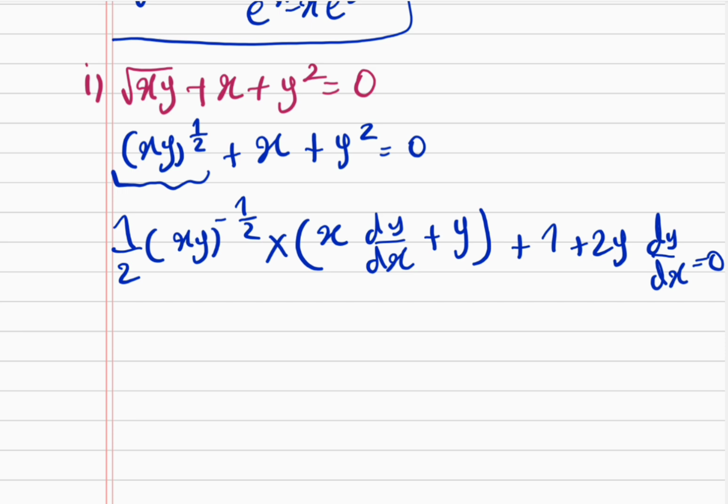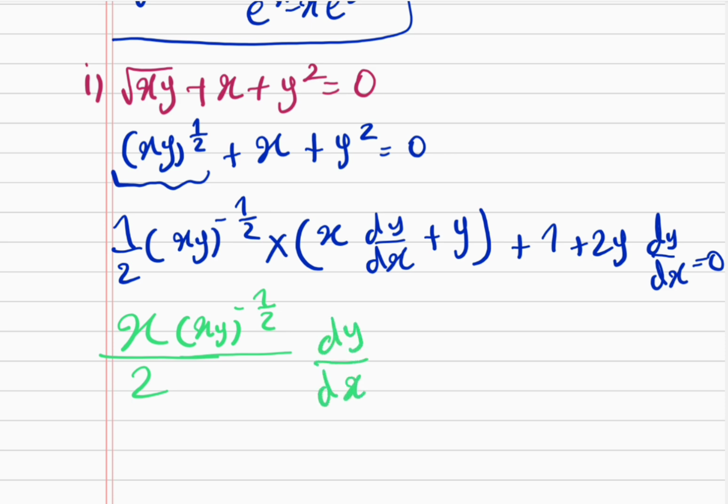Okay, now let's expand the bracket first. So we are going to get x over 2 times xy to the power of minus a half, and then this times, also it has a dy/dx term, then this times y, plus y over 2 xy to the power of minus a half, plus 1 plus 2y dy/dx.